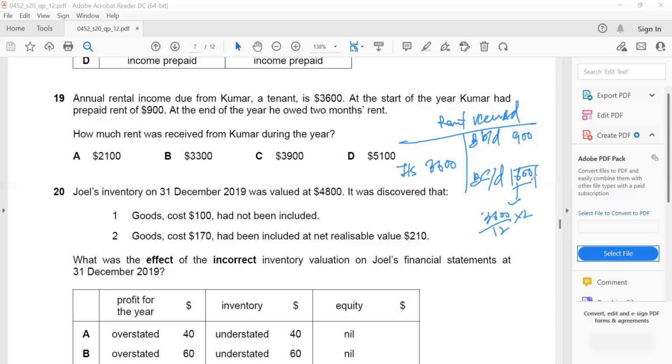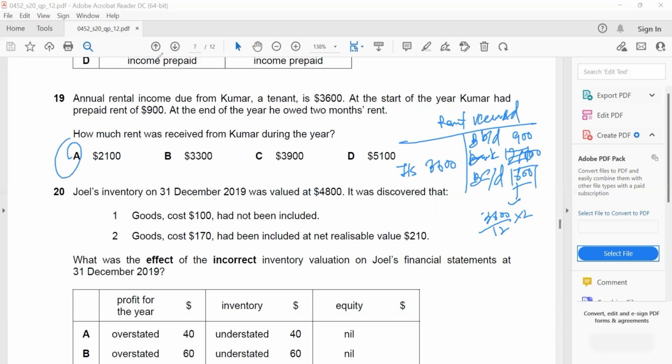So the question is how much rent was received? The bank amount is how much? We take 3,600 minus this one, minus this one: 3,600 minus 600 minus 900. So we get 2,100. So the answer should be 2,100. So the answer should be A.